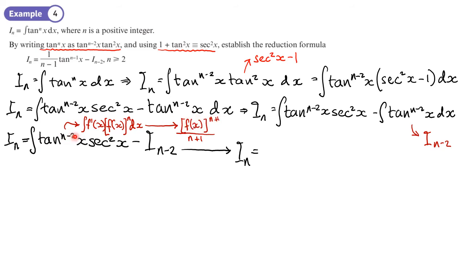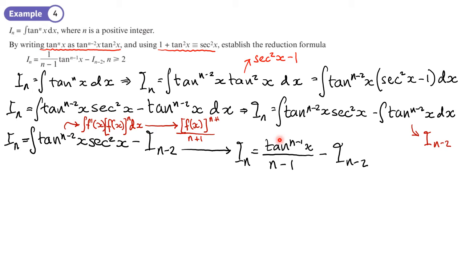So if you add 1 to that, that becomes tan to the power n minus 1, over the power plus 1, and that's going to be n minus 1. Let's just put the correct term there, not tan minus 1, tan to the n minus 1, minus I sub n minus 2.